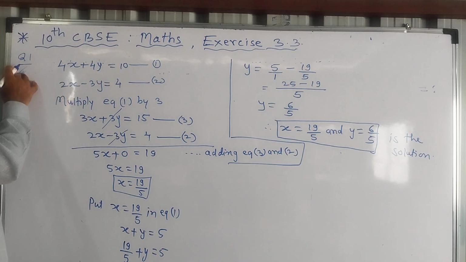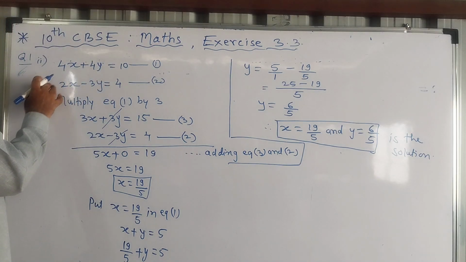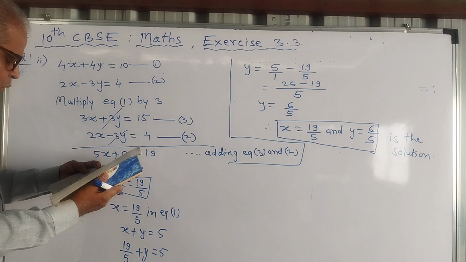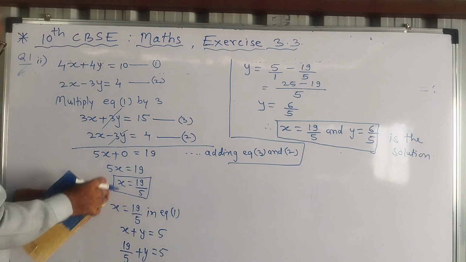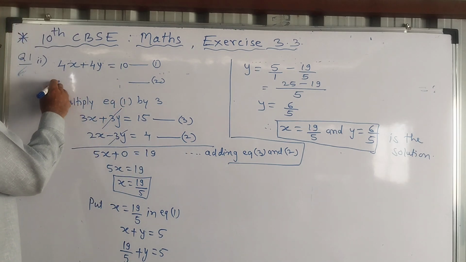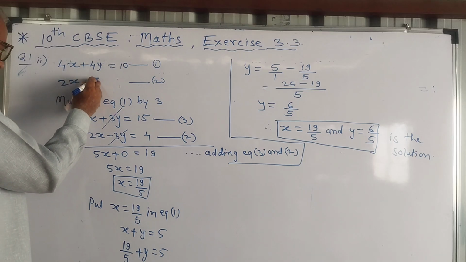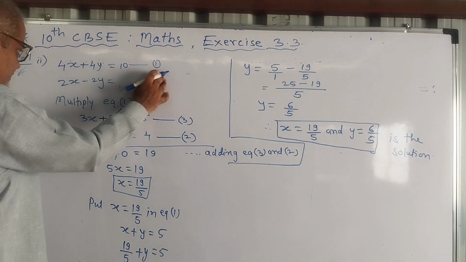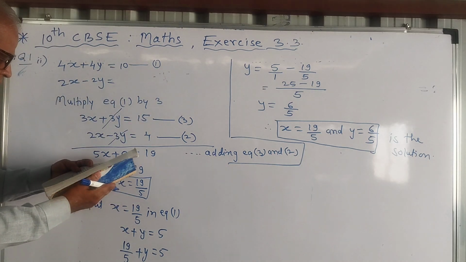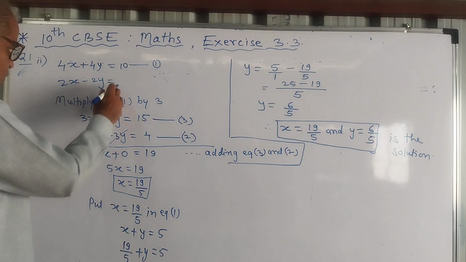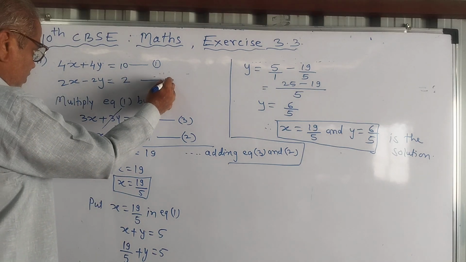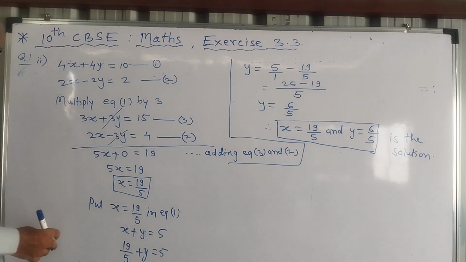Equation number 1. Now what is equation 2? 2x minus 2y is equals to 2. Equation number 2.